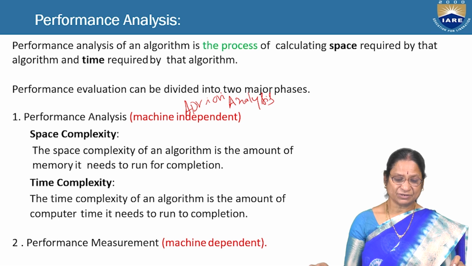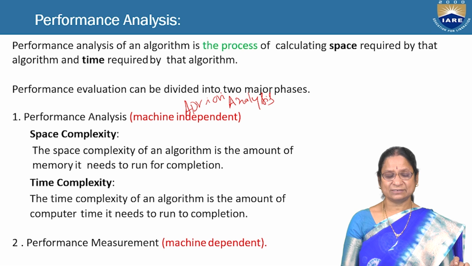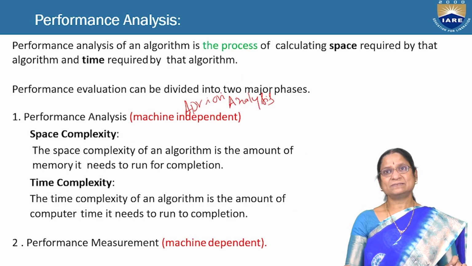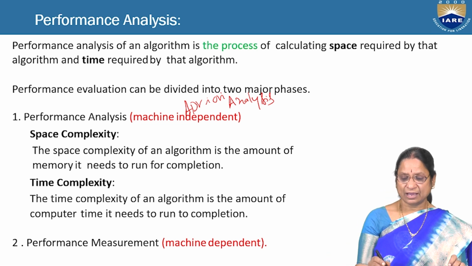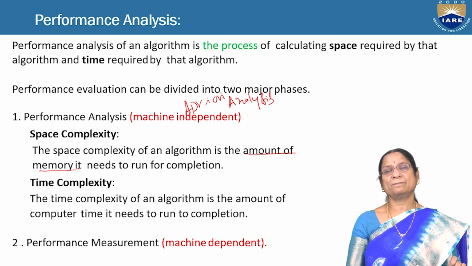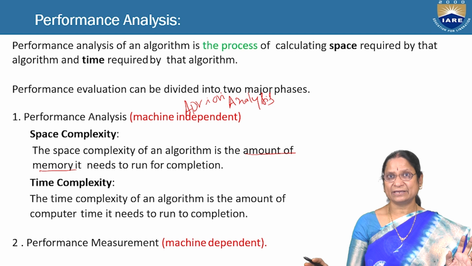So as we discussed now, two parameters we have to consider, that is space complexity and time complexity. So what is space complexity? The space complexity of an algorithm is the amount of memory it needs to run to completion. That is memory space calculation.